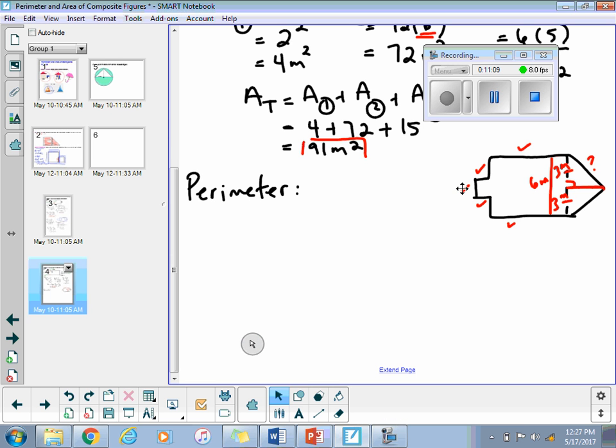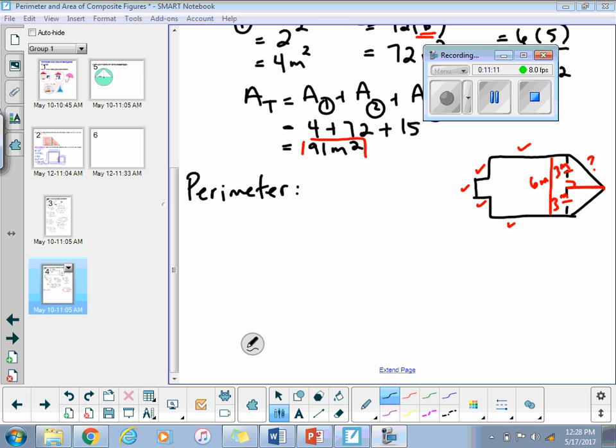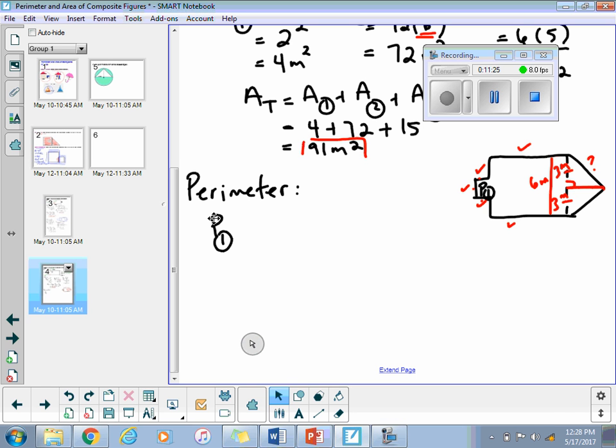Okay, let's take a look at this. Okay, so P1, we'll make this our P1, okay, is simply this 2 meter, 2 meter, and 2 meter. So that perimeter is 3 times the 2 meters, which is 6 meters, okay?